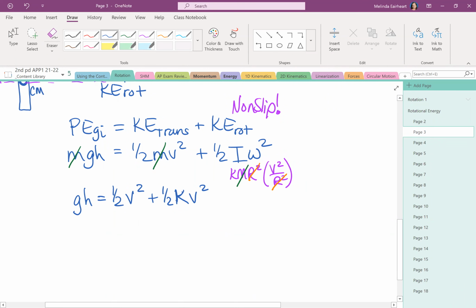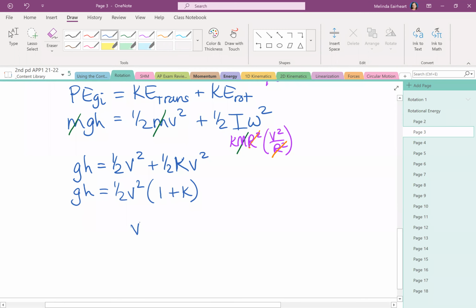And so similar to before, what can we do? Well, I'm going to factor out the 1/2 V squared first and get 1 plus K. And then to solve for V squared, or V is 2GH divided by 1 plus K, whole thing square root.